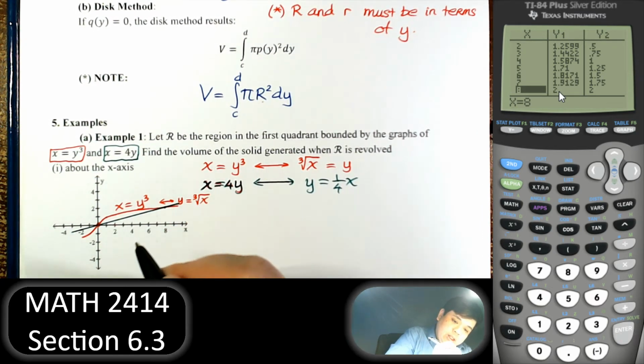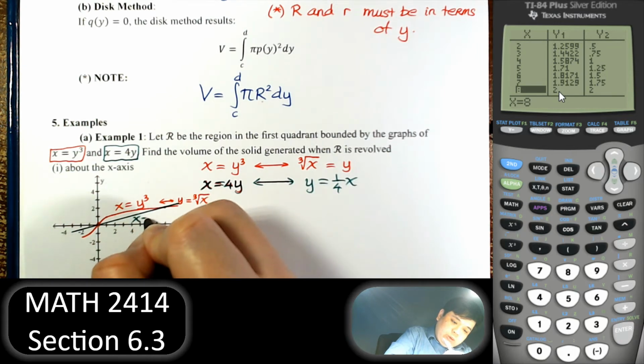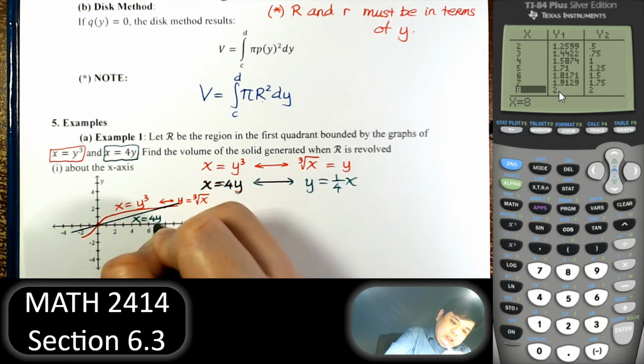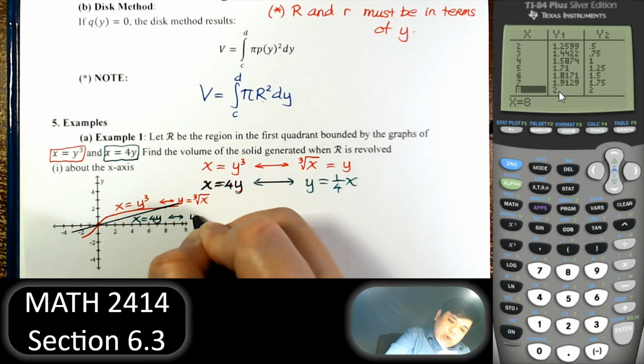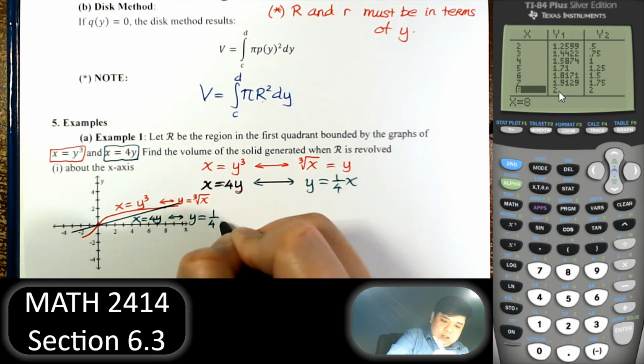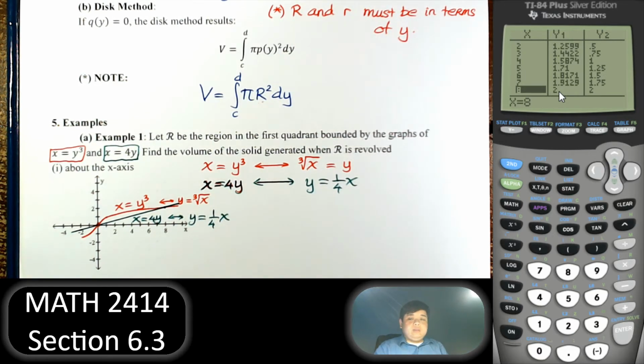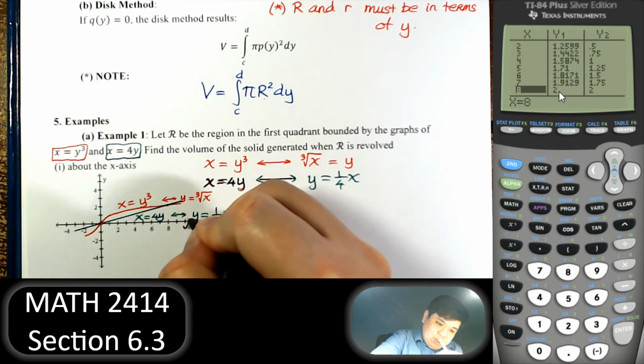So this is x equal to 4y, or equivalently y equal to 1/4 x. Right, and this time it is rotated about the x-axis. Sorry, kind of small.